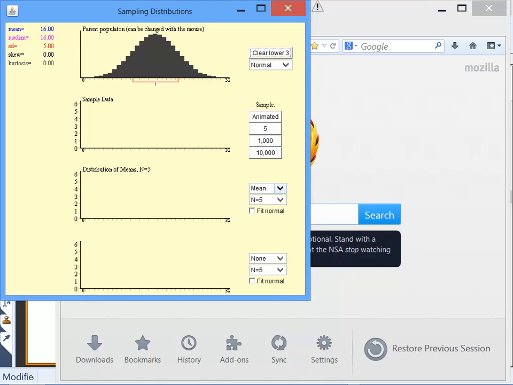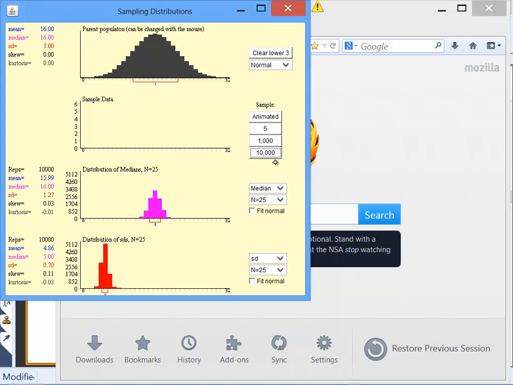Let's look at, say, the median, and then let's find the standard deviation. And let's even put our sample sizes all the way up to 25. Okay. And take 10,000 samples. So it looks like my median, because my original population was a normal distribution, still looks fairly normal.